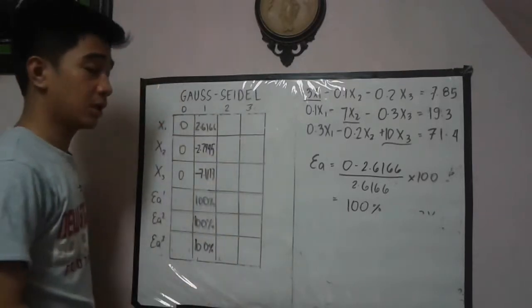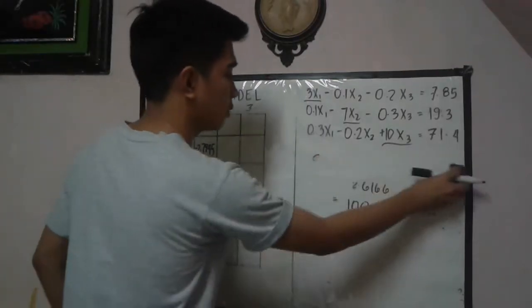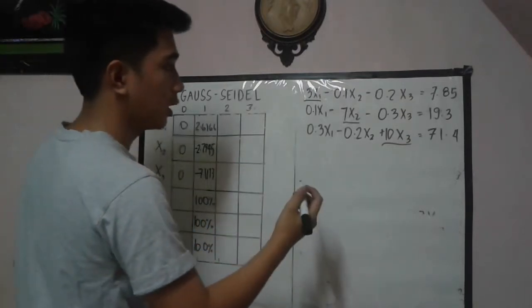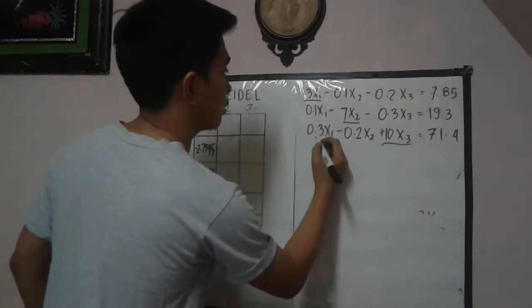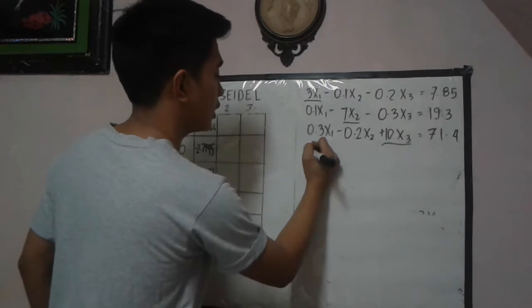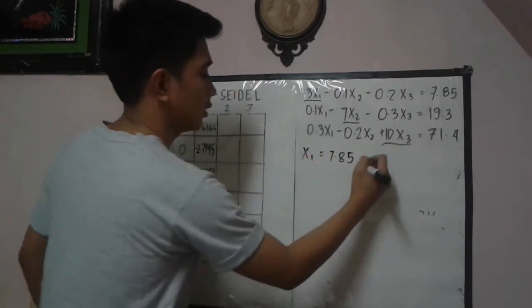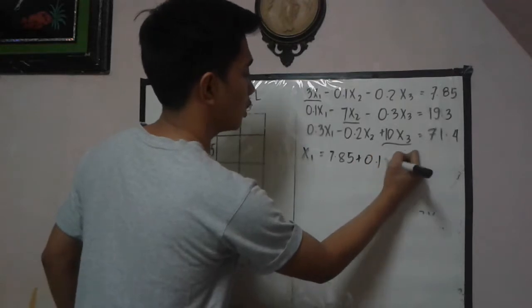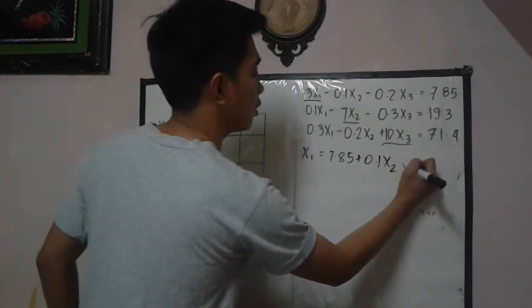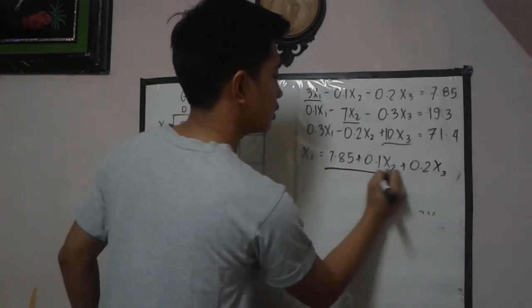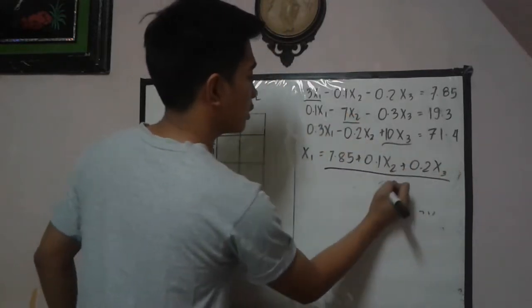As I've said before, we will use the equations that I formed earlier. So x1 is equal to 7.85 plus 0.1 x2 plus 0.2 x3 over 3.